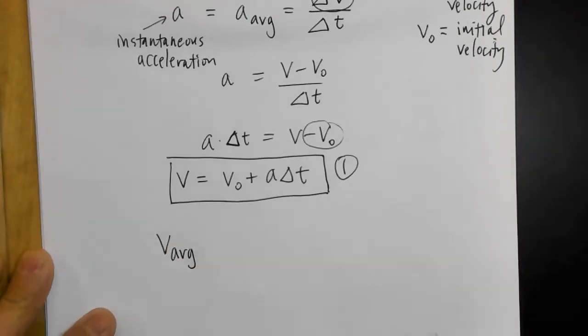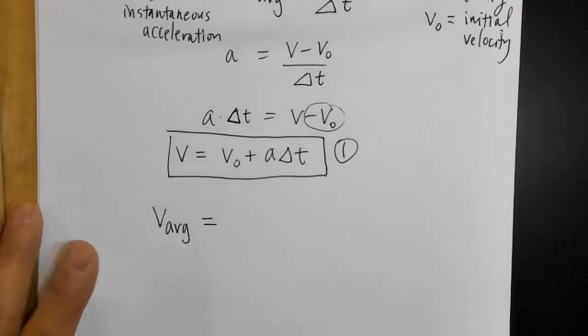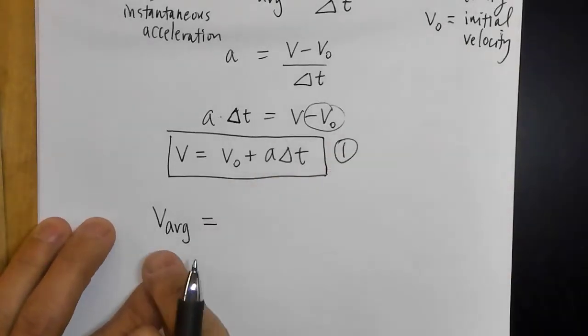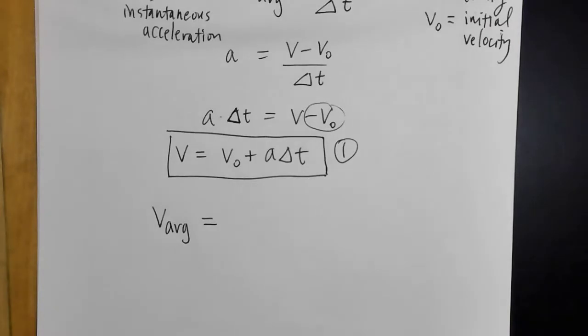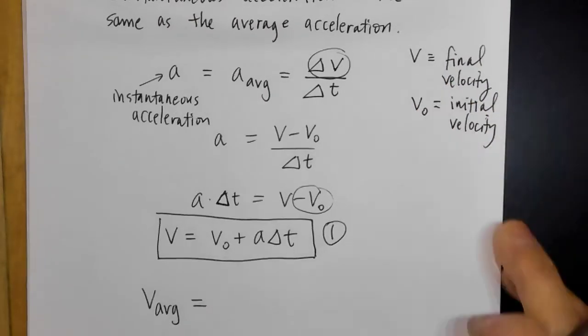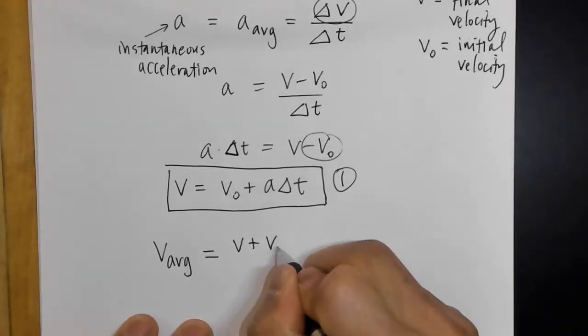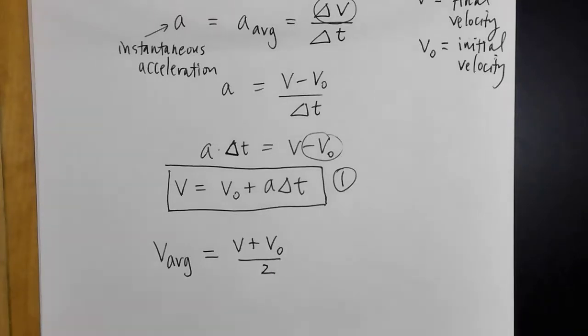I'm going to skip a step just to make the discussion a little bit smoother, and just say the following: that the average velocity in some time interval, with this the initial and this the final, will be equal to the final plus the initial divided by 2.